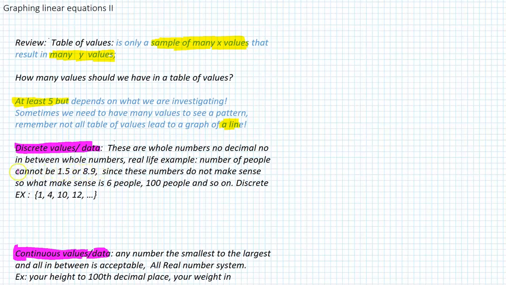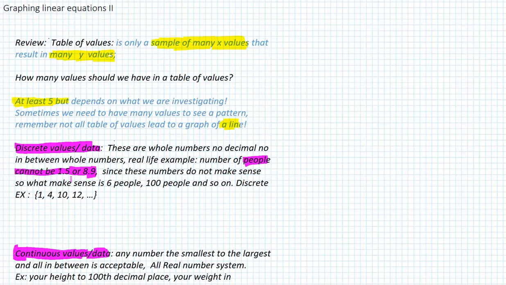I'm giving you a few numbers here as an example. The real life example is that, in terms of people, you cannot have half a person or 1.5 persons or 8.9 people. Either 1 or 10 or 20 or 100 people you can have. That's called discrete. That means they are whole numbers.